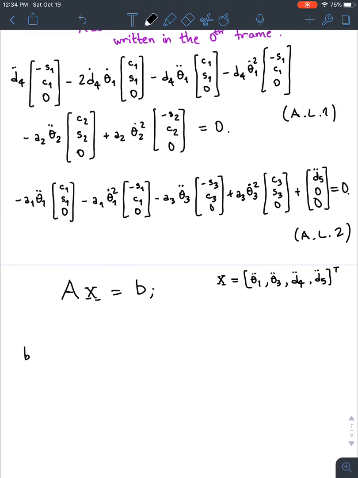So the B vector is going to consist of the first two rows that come from AL1, and the second set of two rows that come from AL2.